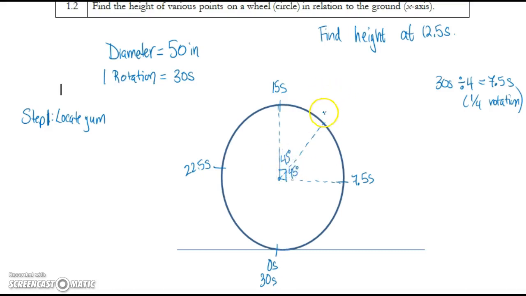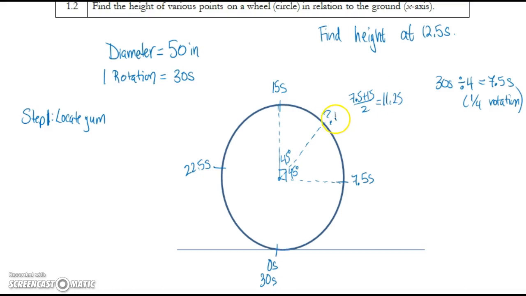So the question is, is the time exactly between 7.5 seconds and 15 seconds the time that we want, 12.5? Well, how do we find the exact middle here? There's a couple of ways. You can find the average of 15 and 7.5, which is 11.25.